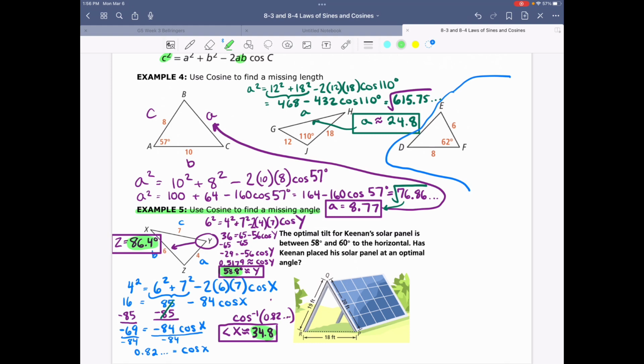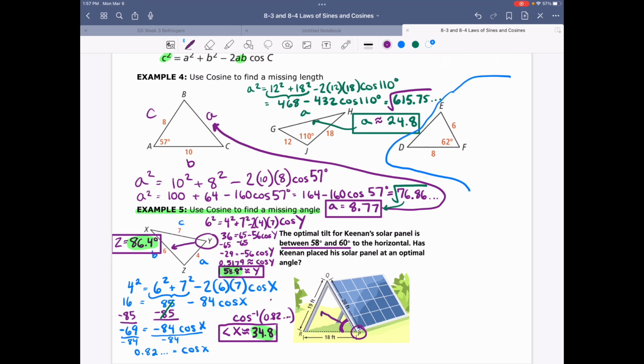All right, last question. The optimal tilt for Keenan's solar power is between 58 degrees and 60 degrees to the horizontal. Has Keenan placed his solar panel at an optimal angle? So we want to know, is this angle here, angle P, between 58 and 68 degrees? All right.